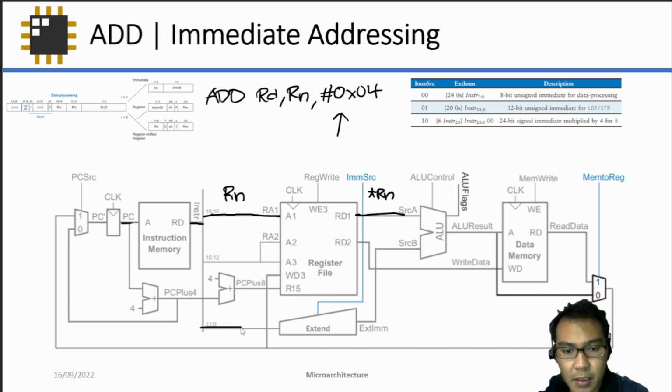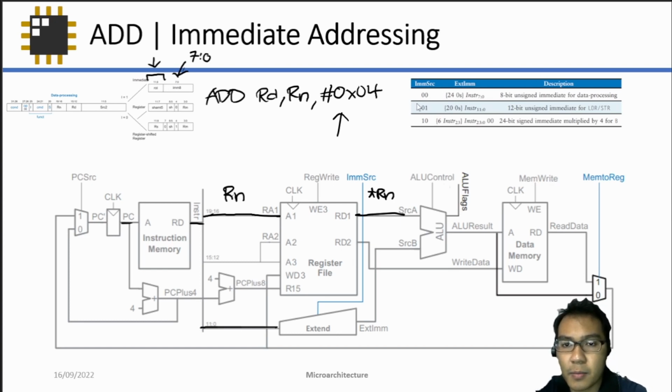So we pass the immediate pointed to in here. As you can see, for data processing instructions, the immediate is actually only 8 bits. It goes from 7 to 0, and 11 to 8 is actually rotation. We don't support that with this data path. We don't yet support shift instructions, so we're going to throw away rotation for now.